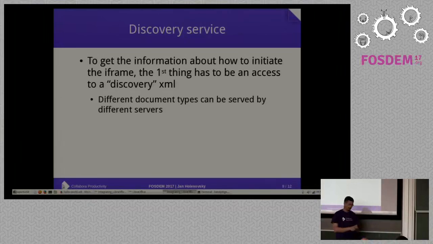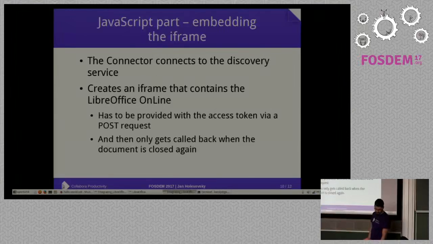Discovery service is one more thing that is here, and it provides information about where exactly the WOPI host is located. It serves some kind of XML that says, okay, the WOPI host has this URL and sits on this port, so that it is possible for the WOPI client to know where it is and see what is going on in there.